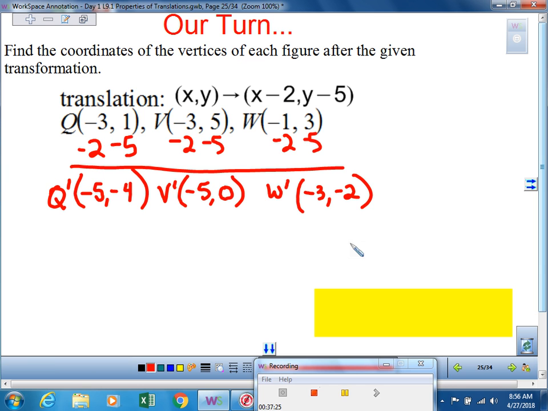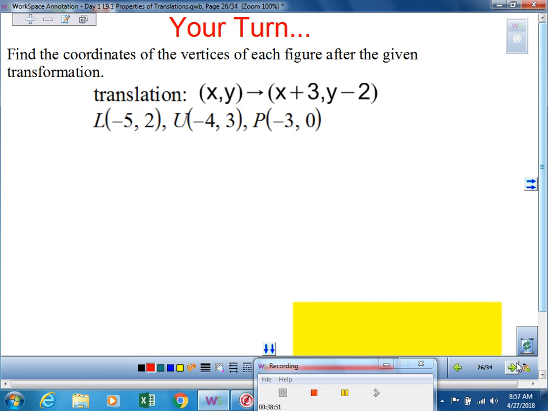Okay, so if you're not asked to graph, you just have to find the new coordinates of the vertices, then that's what you do. Yes, question? All right. Okay, do that one. Write down the rule. Figure out your new coordinates. Record.